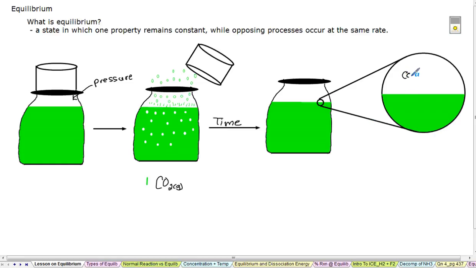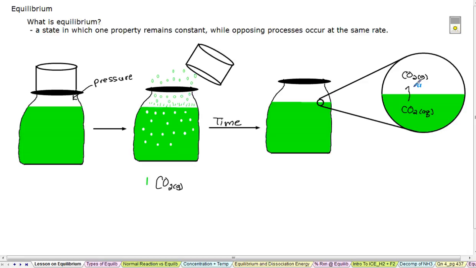We would notice that we have CO2 gas and we have CO2 in solution. And what's happening at this point, when we can't see any bubbles leaving, is there are still carbon dioxide molecules that are evolving out of the solution. They are, but they're so few that we can't see it with our eye.